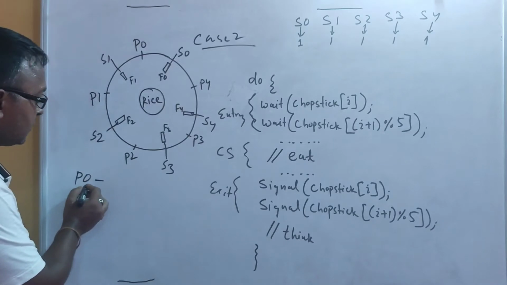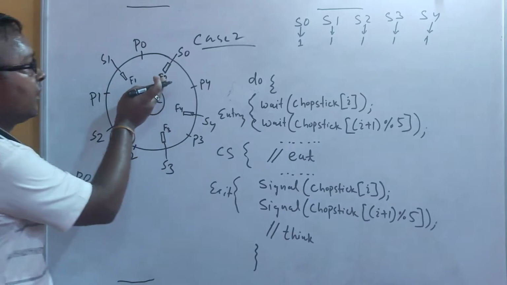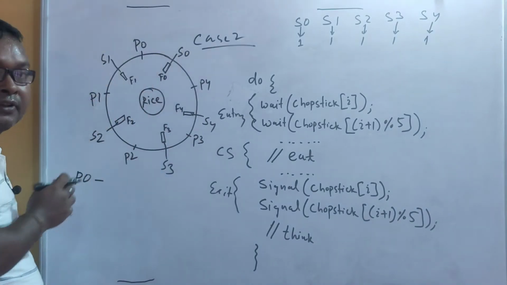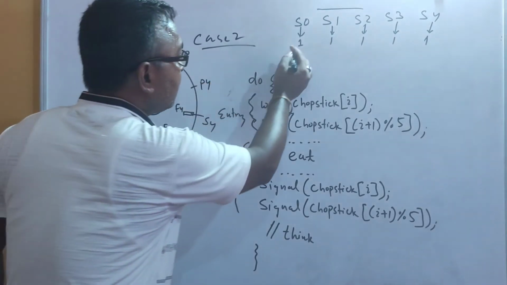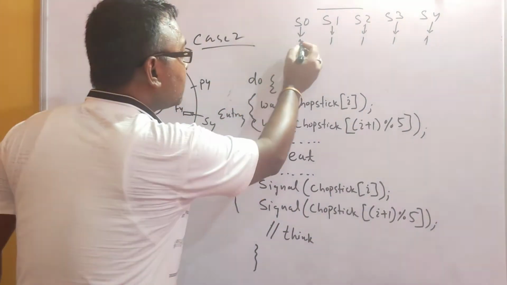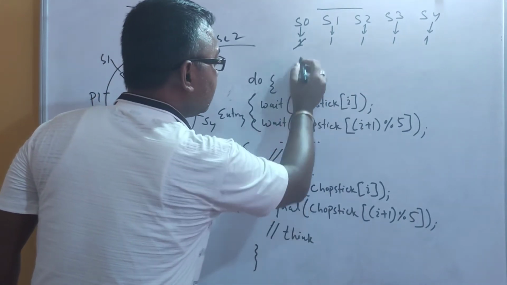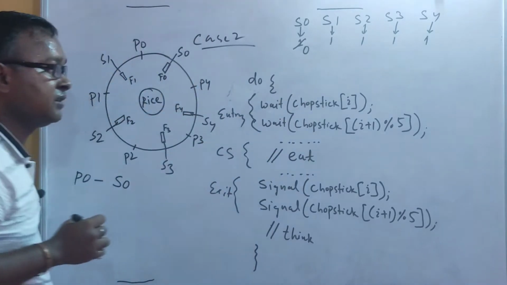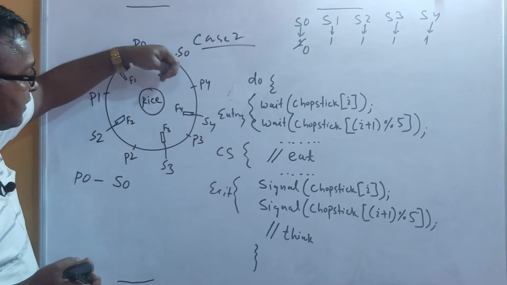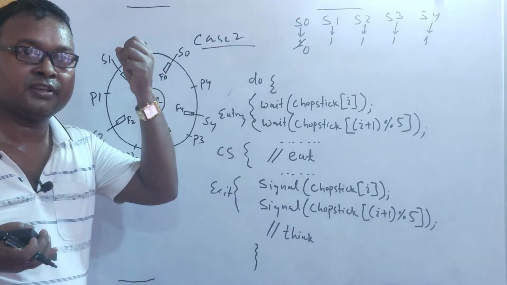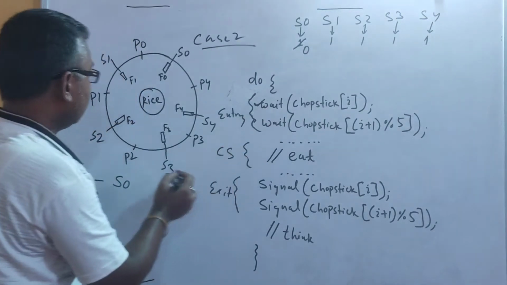So what is the semaphore value of S0? 1, right? So it will execute this wait on semaphore S0, decrementing the semaphore value to 0, and P0 will be picking the fork F0. The left hand side fork he has picked up, right? So this execution has been completed by P0.